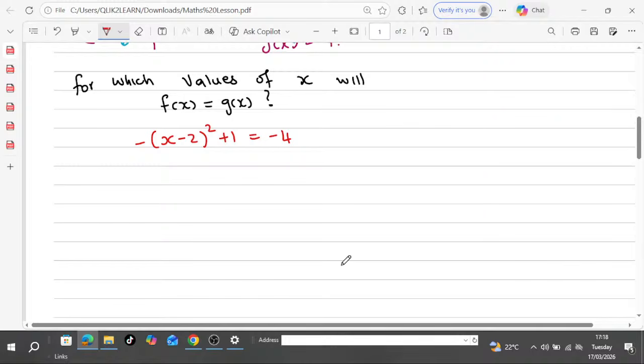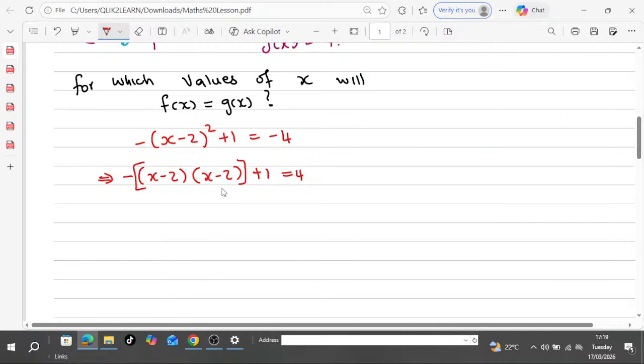They will expect you to show all the steps in an exam. So this will be minus into x minus 2 into x minus 2 plus 1, equals minus 4. We expanded the bracket. Then remember the negative is multiplying everything inside those brackets.